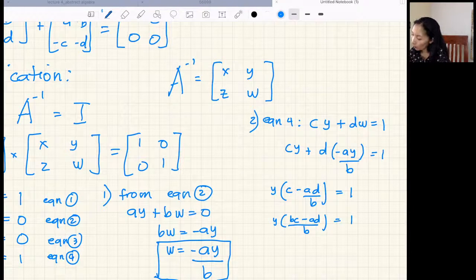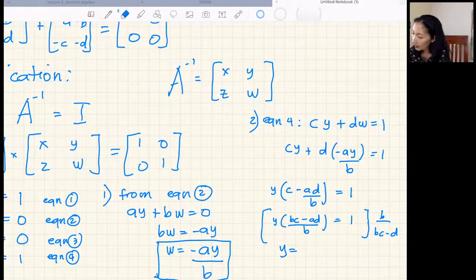Now, Y will be equal to, divide 1 by this, it's the same as 1 multiplied by the reciprocal, yes? So, it's like multiplying the whole equation by B over BC minus AD, correct? And that would cancel this out.